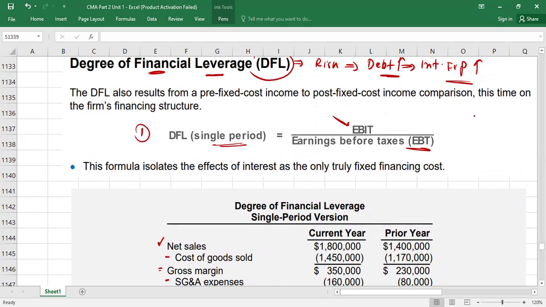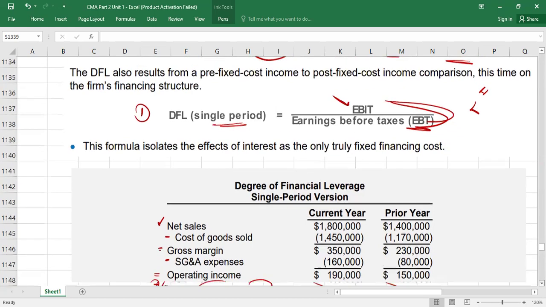Again, if the answer is higher, it means risk is high. If the answer is lower, risk is low. Why? If the answer is high, the difference between these two values is more, meaning you have more interest cost. If the answer is lower, the difference is lower, meaning you have less interest cost. Understood, guys? So this is the formula: EBIT divided by earnings before tax, or EBT.